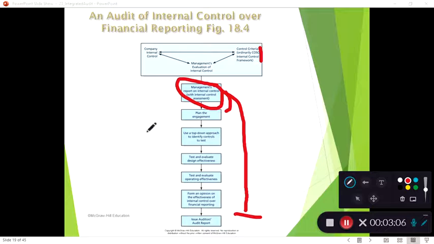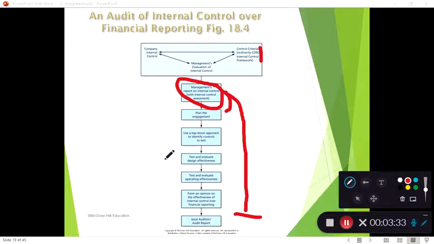What are my significant accounts? What kind of entity level controls are there? What kind of operating unit controls are there? What kind of department level controls are there, right? Looking for issues throughout the company. But clearly, the higher up it goes, the more effect it can have, and we'll see that in just a minute.